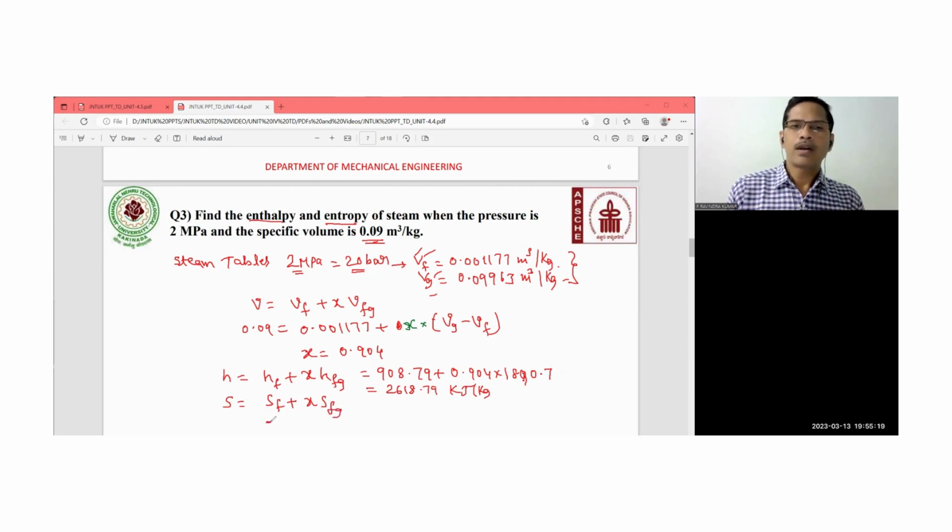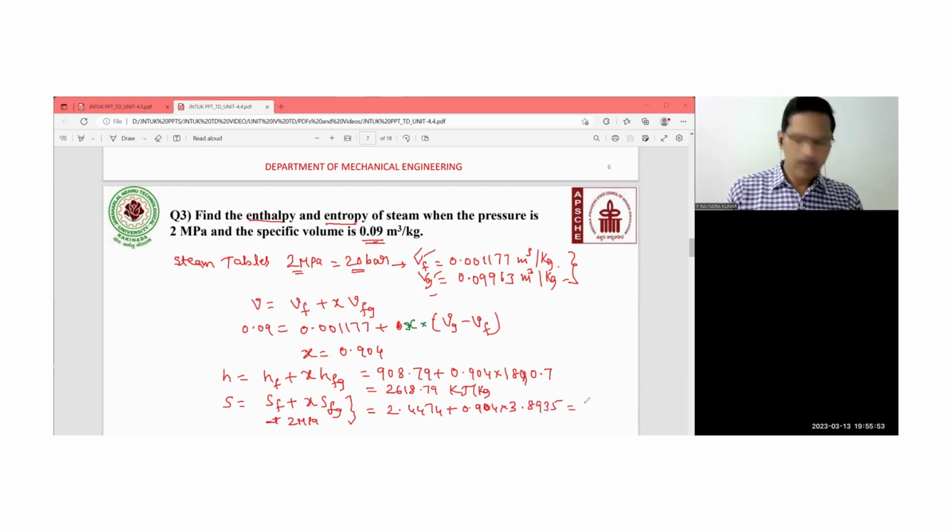In the same way, S is equal to Sf plus x into Sfg at 2 megapascal or at 20 bar. Sf is 2.4474 plus 0.904 into 3.8935.